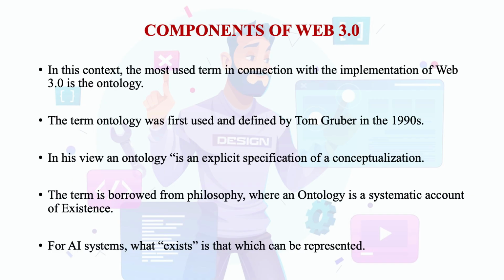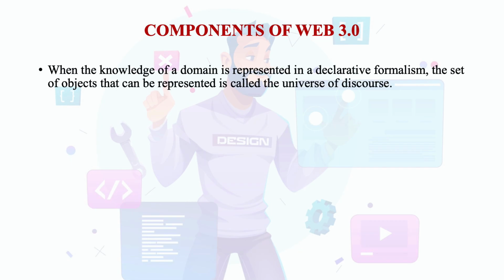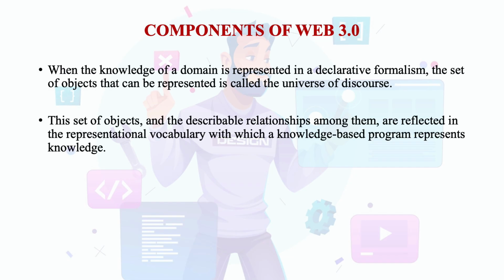For artificial intelligence systems, what exists is that which can be represented. When the knowledge of a domain is represented in a declarative formalism, the set of objects that can be represented is called the universe of discourse. So this set of objects and the describable relationships among them are reflected in the representational vocabulary with which a knowledge-based program represents the knowledge.